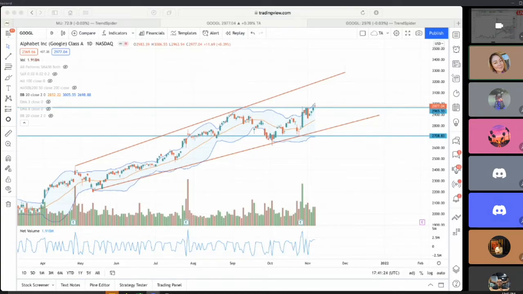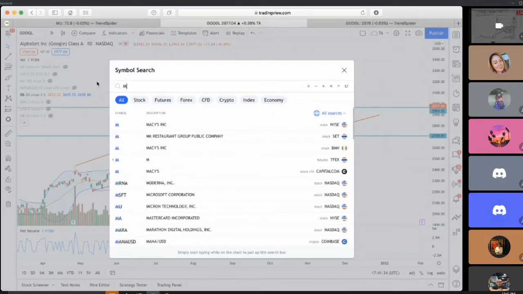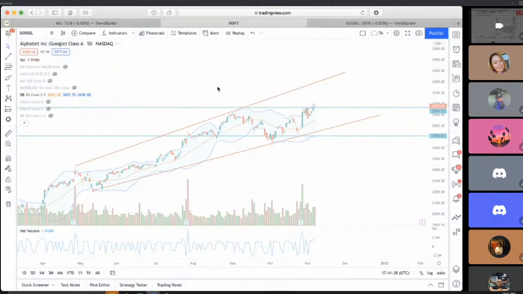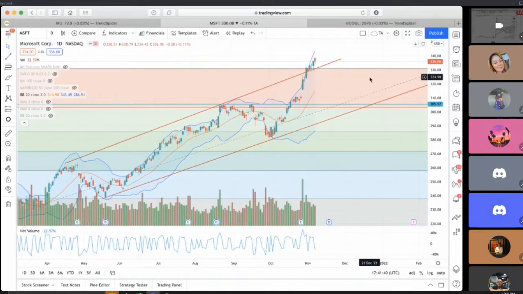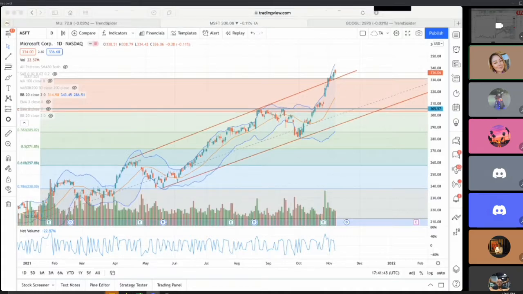Okay, Microsoft. Microsoft was great. It's also a great play. I know not played this. So we've been following this in the past month. Microsoft, we did talk about the breakout, and it did have a breakout, and now it's printing new all-time highs.